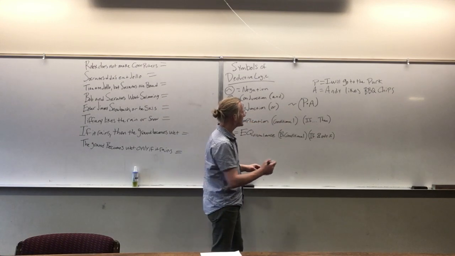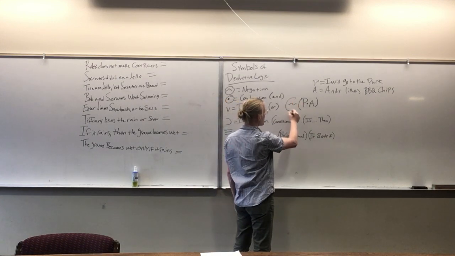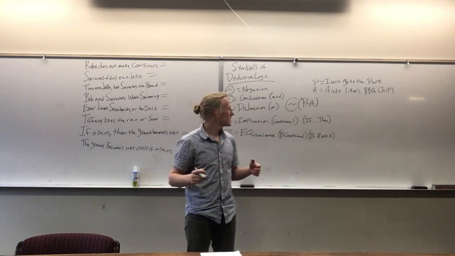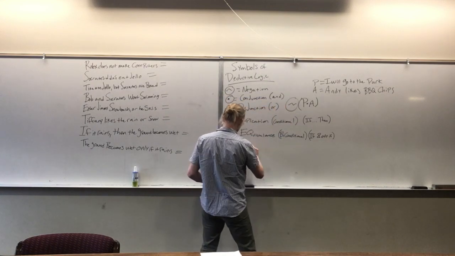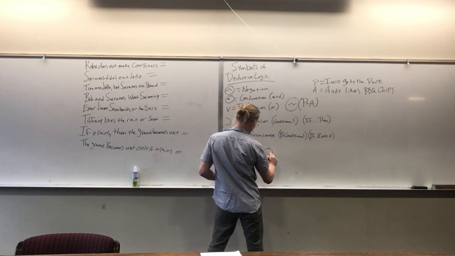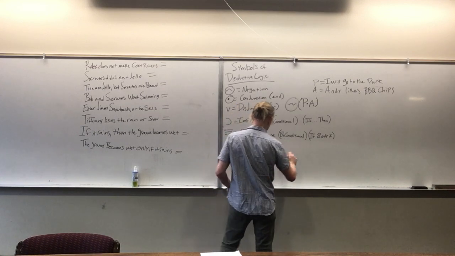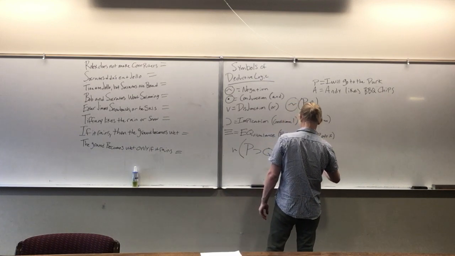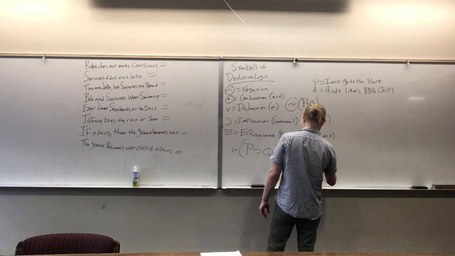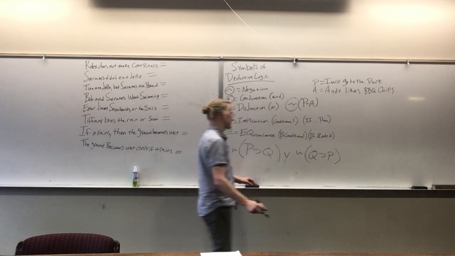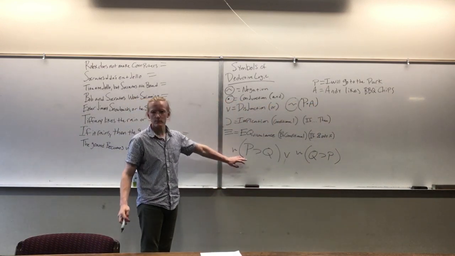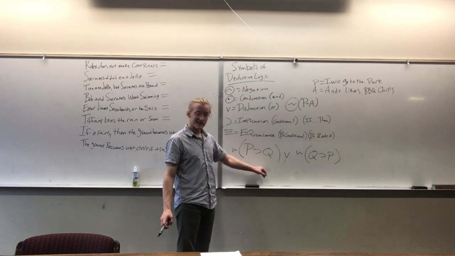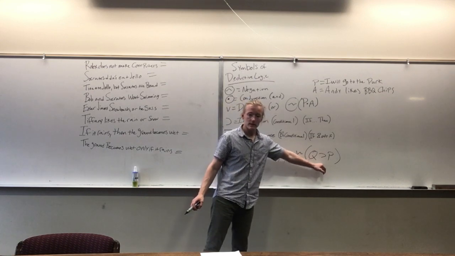So what we see here is that there's a main operator. It's the operator that has the widest scope. So say I have P horseshoe Q, tilde, or tilde Q horseshoe P. Okay, so in this sentence, and we'll get to what all this means, the main connective of this sentence is the connective with the widest scope.